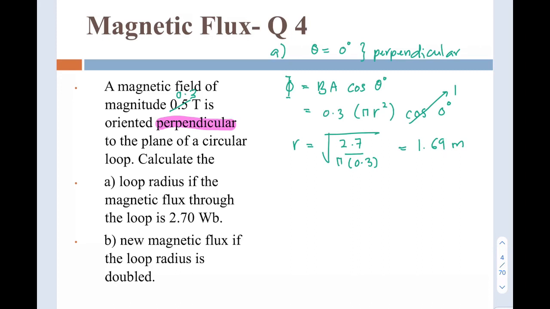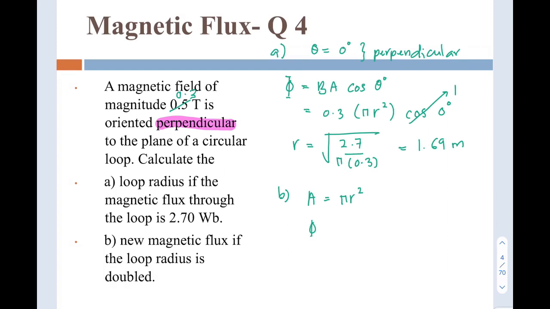For part B, when the radius of the loop is doubled, the area will be increased by a factor of 4. Why is it? Because the area is equivalent to pi r squared, isn't it? So when r is doubled, the area becomes a factor of 4.